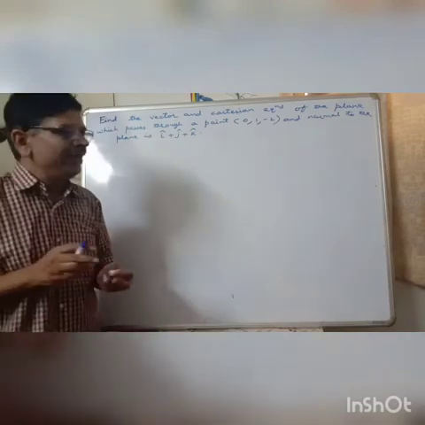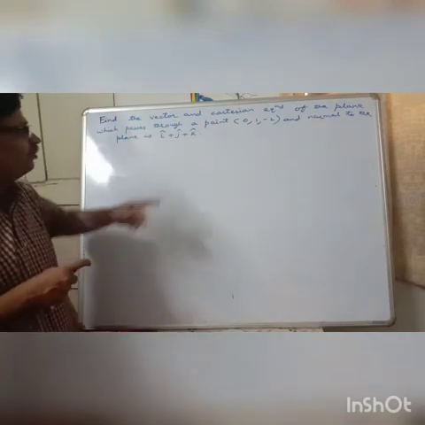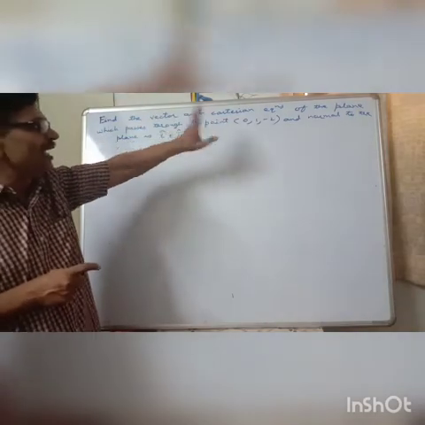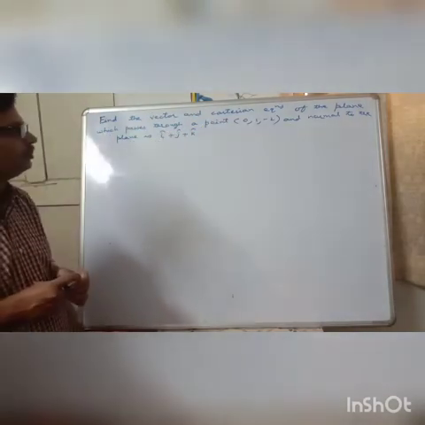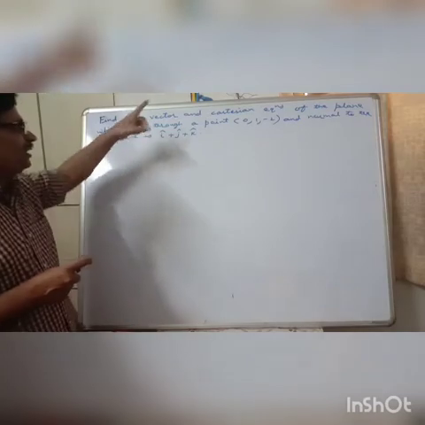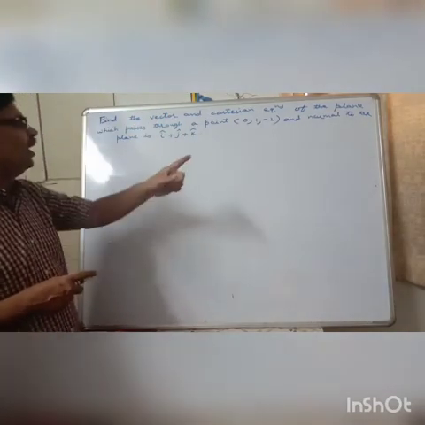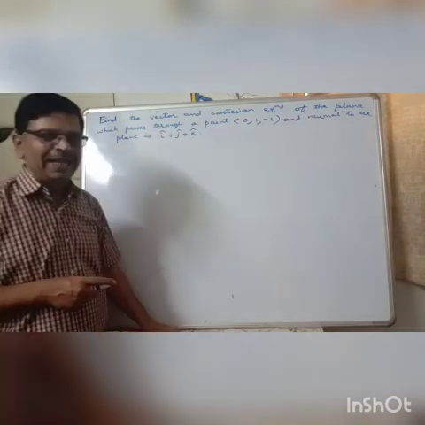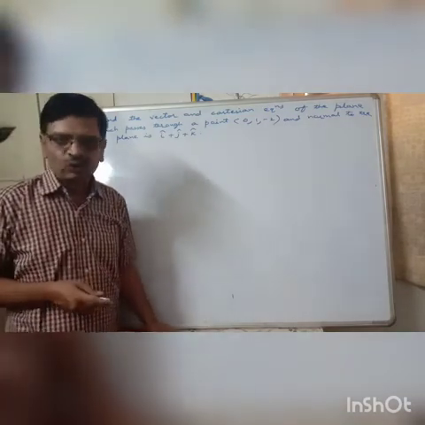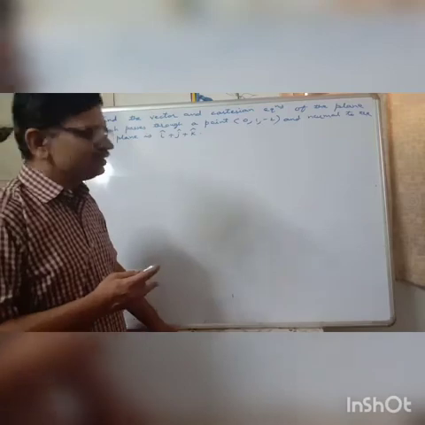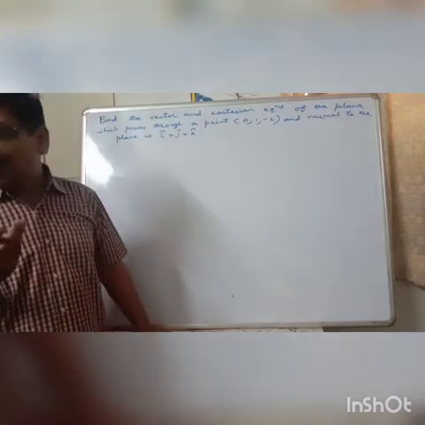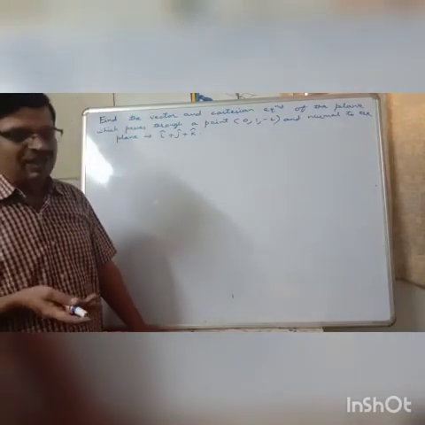Here we have to find equation of plane in vector form as well as Cartesian form. Coordinates of one point on the plane are given and vector normal to the plane is also given. So first we shall write equation of required plane in vector form.